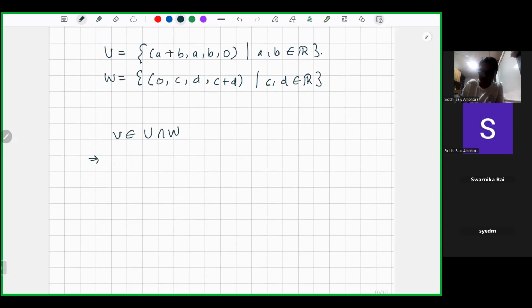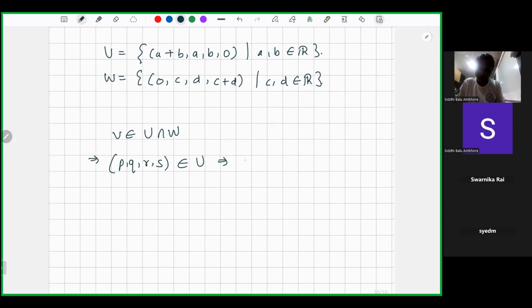If I call it not X, Y, Z, W, what should I call it? Can someone give me some names? Let us call this PQRS. PQRS belongs to U. This implies that S is 0, right?